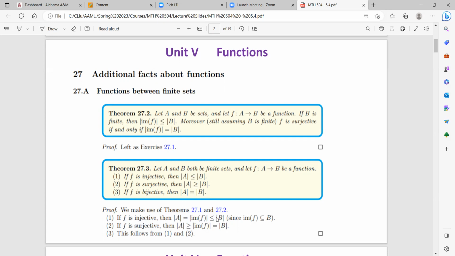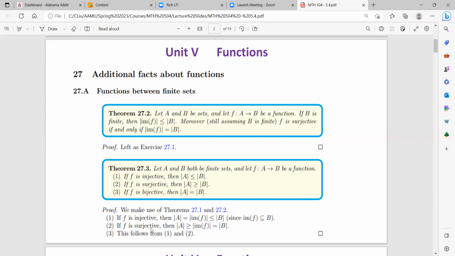And obviously the image of f will be a subset of B. It has to be the case by the definition of a function. So the size of the image of the function will be less than or equal to the size of B. So then you get the size of A less than or equal to the size of B.